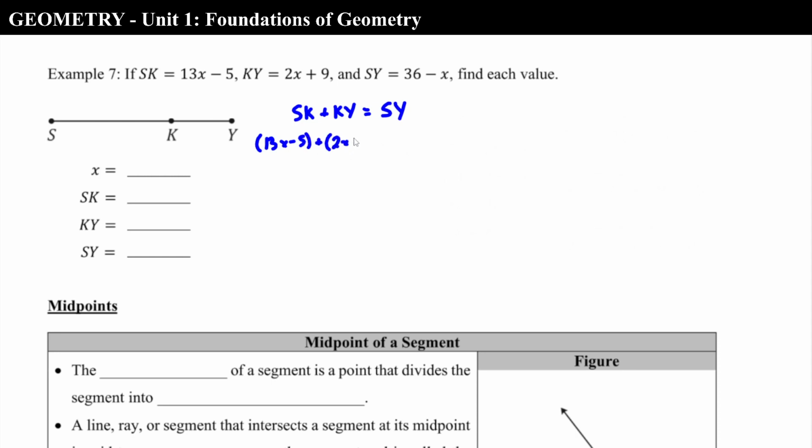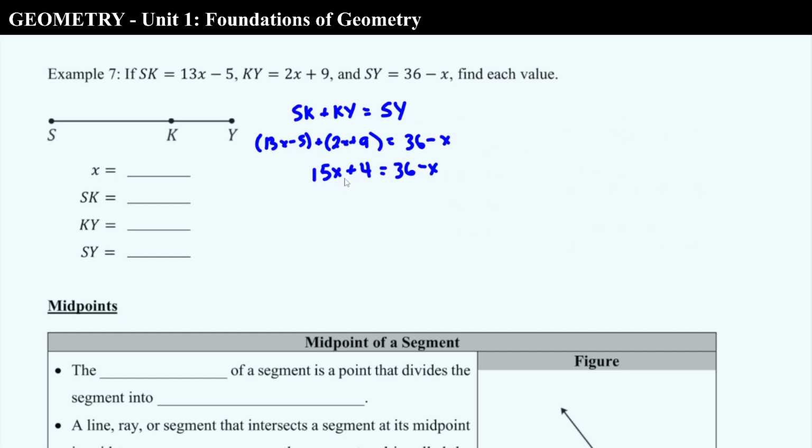KY is 2x plus 9. And SY is 36 minus x. Combine like terms on the left-hand side. 13x plus 2x is 15x. Negative 5 plus 9 gives us plus 4. And the other side, we still have 36 minus x.